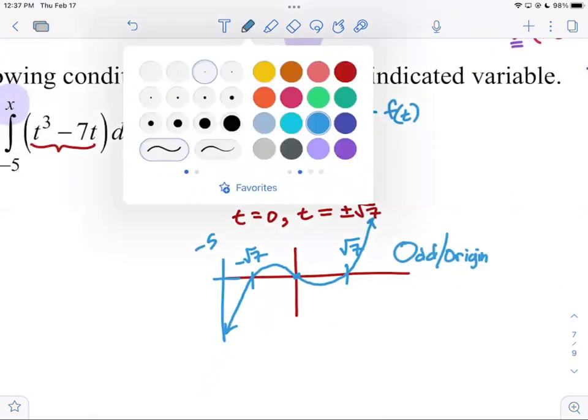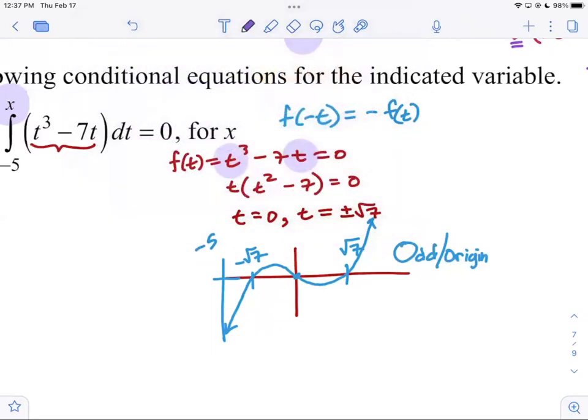Well, because we know what the graph looks like now, you should know two values off the bat. Let's list two of the x values. What's one x value for sure that we know is going to give us a net accumulation of 0? Not negative square root of 7.